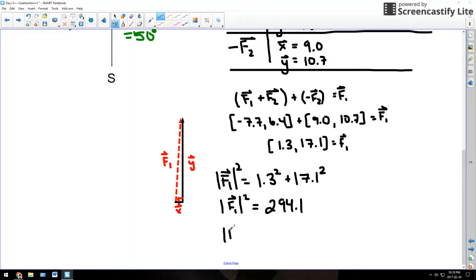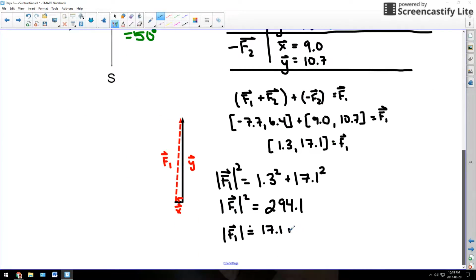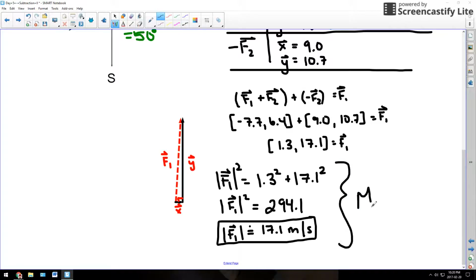So the magnitude of F1 bar is about 17.1 meters per second, I believe. So that's one of the answers we need. We also now need the direction, the bearing. And so this was for magnitude.